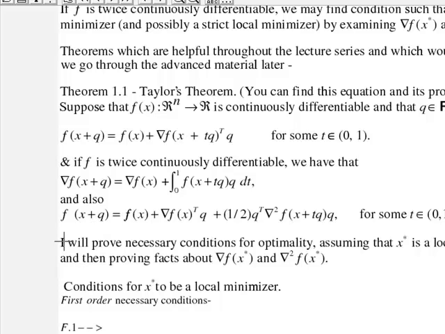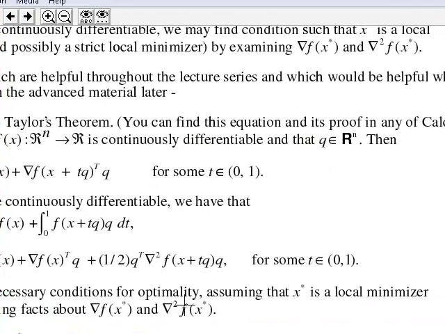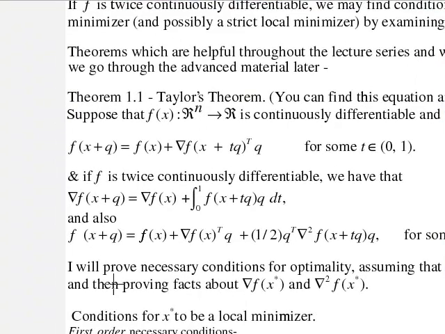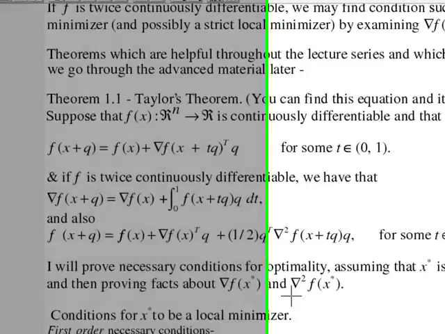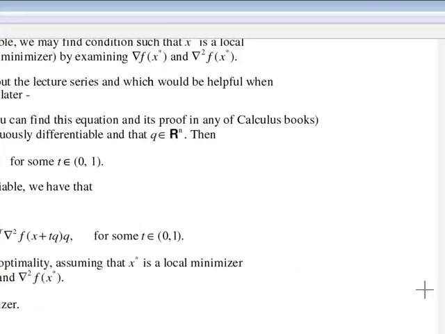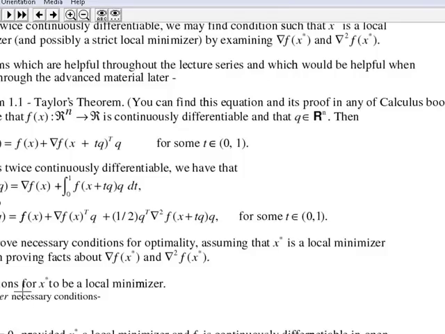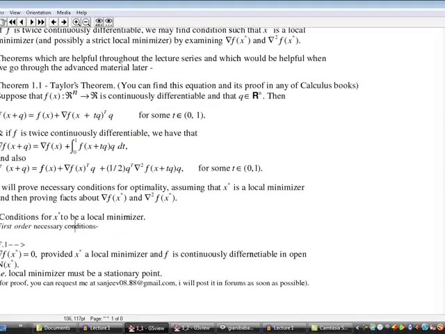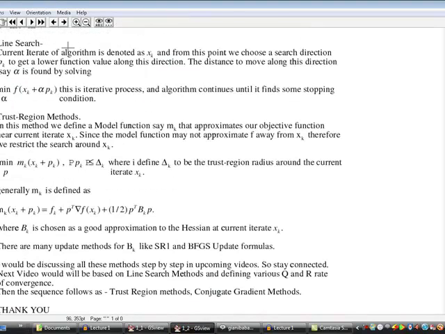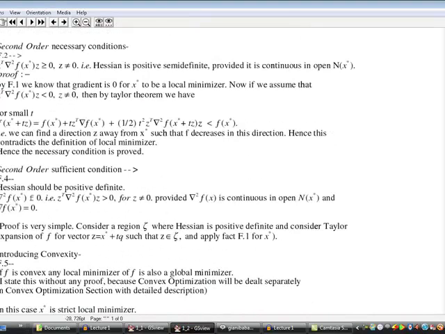Now here are our conditions for x star to be a local minimizer. I will prove the necessary conditions for optimality, assuming that x star is a local minimizer, and then prove facts about the gradient of f at x star and the Hessian of f. There are three conditions: first order necessary conditions, second order necessary conditions, and second order sufficient conditions.